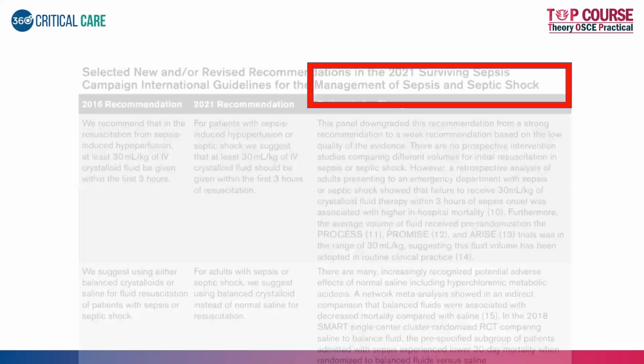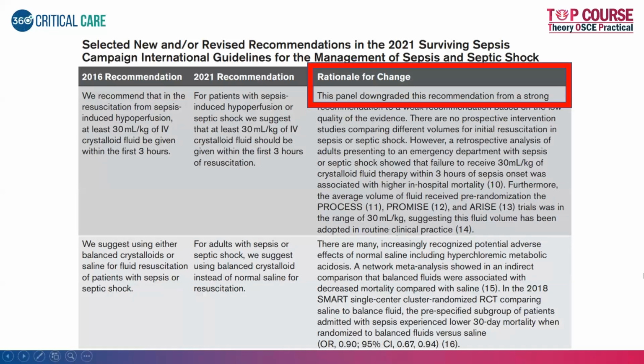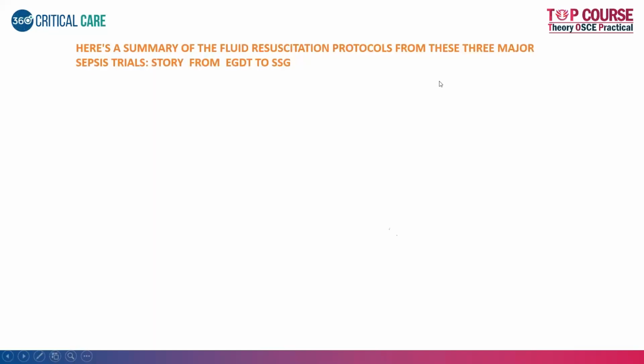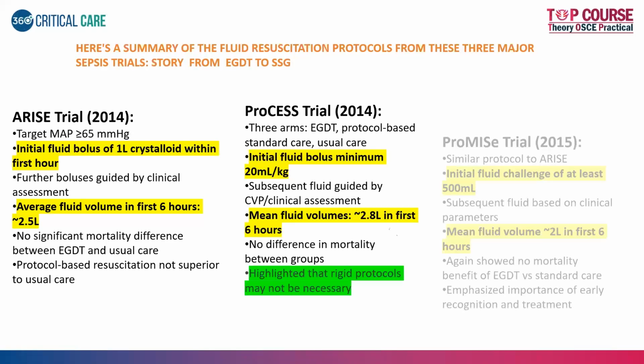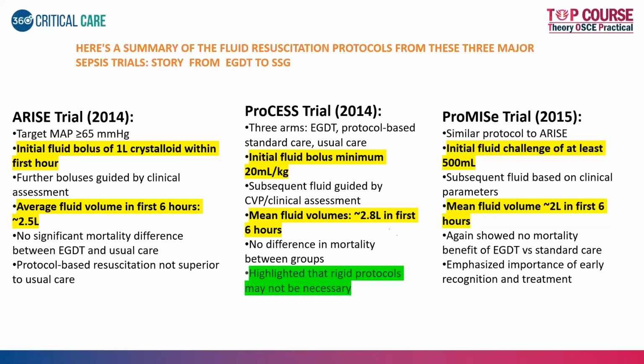Okay, why is it so? I'll tell you later. That is because there was no mortality benefit which was seen. After the EGDT trial, which was the one thing they all focused on, giving 30 ml per kg, ARISE, ProCESS, and ProMISe went ahead, used the same protocol to see, and what they found out was there is no difference in mortality in both the groups, wherein they used a lesser fluid volume as compared to 30 ml per kg.